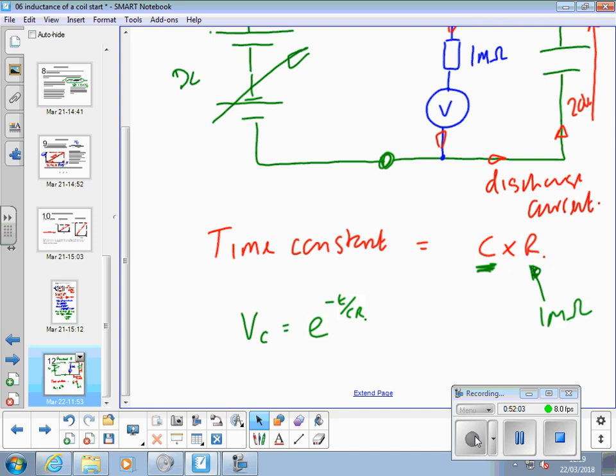So how long are you going to discharge it for, or what voltage are you going to discharge it down to? You need to be able to determine what C times R is. Look back at the previous work on the capacitor charge cycle and see if you can work it out.